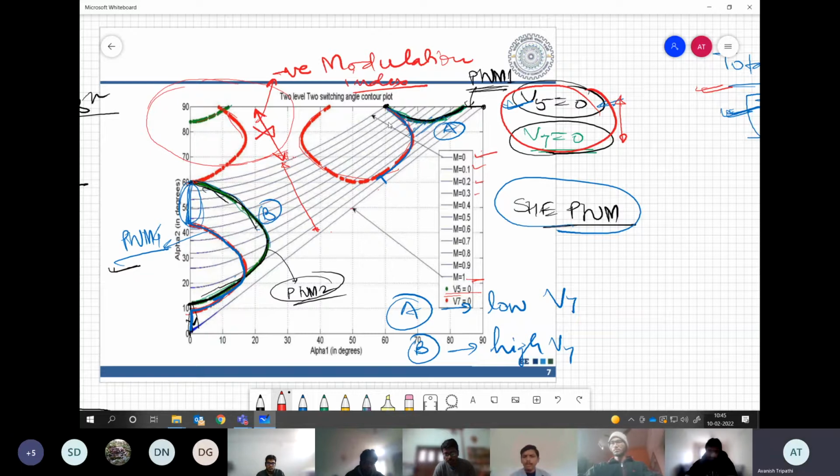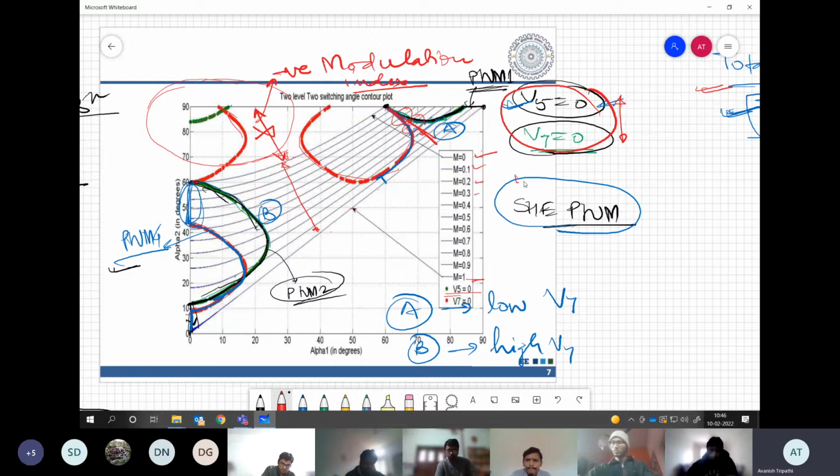I can, right? If you travel somewhere along the middle of the two curves, you are able to maintain low values of 5th and 7th both for a good range of modulation index, a very small value of both. So perhaps this may perform better.